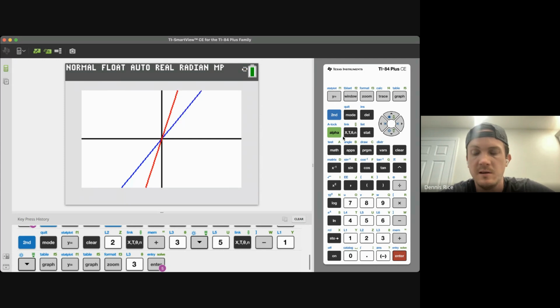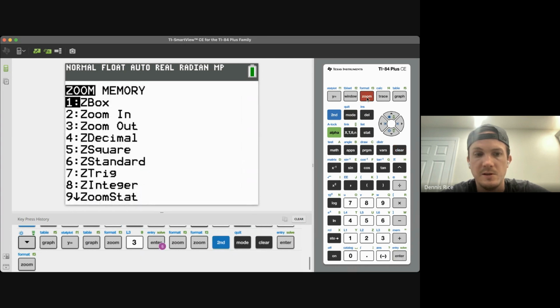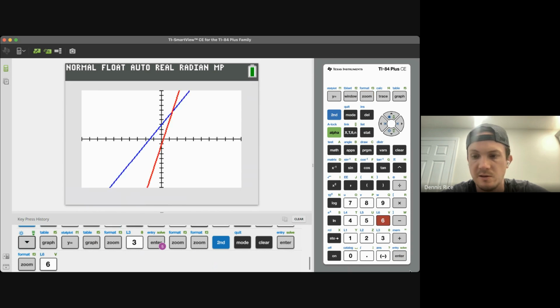See, it's getting more and more zoomed out. If you want to make it normal again, a 10 by 10, you hit zoom and then 6. Zoom 6 makes it back to a normal looking graph.